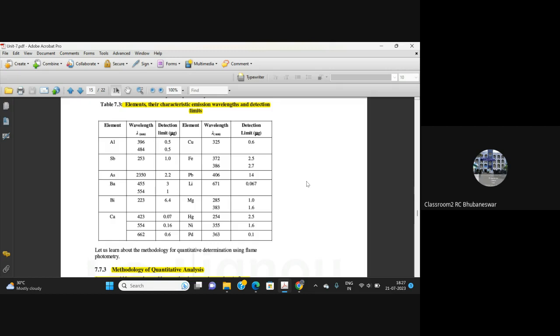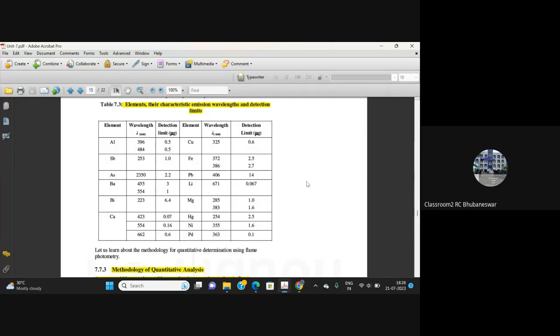You can cross-check with various other spectroscopic methods too. And importantly, depending on the sensitivity of the spectroscopic method or the procedure used to study these elements, the detection limit varies. This is the important point: detection limit.